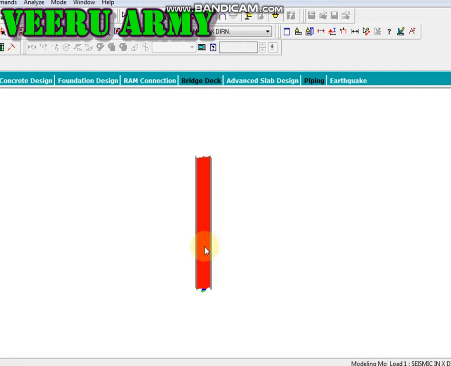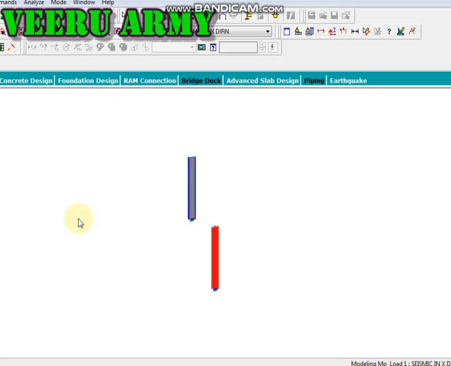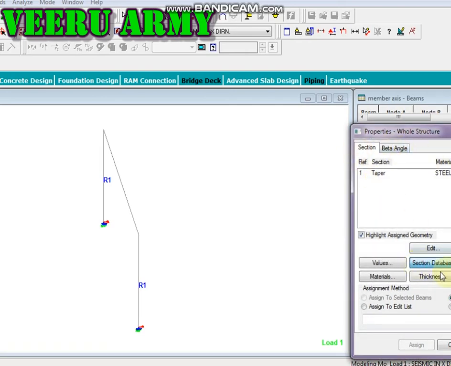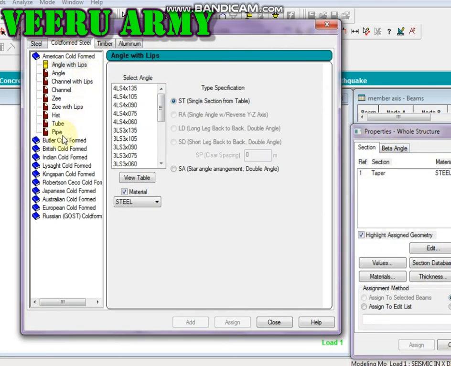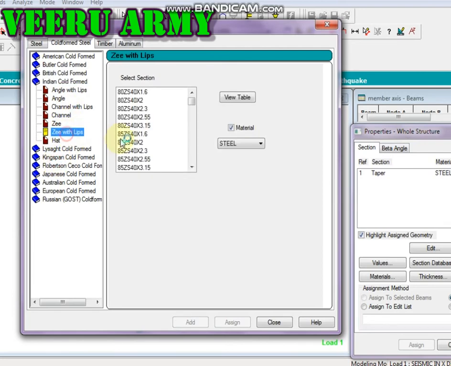then the column will be... I will take an economical bay spacing, which is 6 meters between two columns, and we will use a girt. Then we will give the property to the girt, cold formed Z with lips, 200Z, which is very common in our Indian design manual.